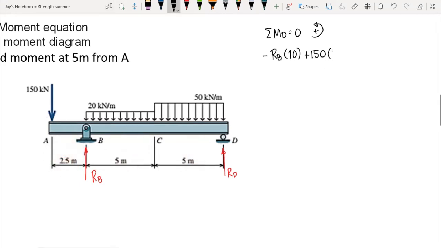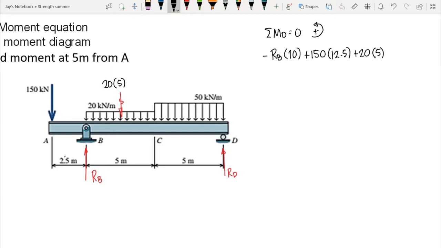That is 12.5. And then we have the moment of the uniformly distributed load. We know that this uniform distributed load of 20 kilonewton per meter is represented by a resultant force, and the resultant force here is 20 kilonewton per meter times the length of action, which is 5 meters, so we have our resultant force of 20 times 5.